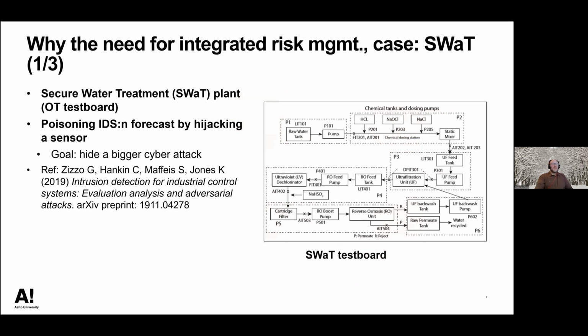Just to give you an idea of what is going on, there's a water treatment plant. So basically it purifies water, and the aim of the cyber attacker is presumably to alter some values, like salt or other substances, to dangerous levels, so that the water will be dangerous to citizens.